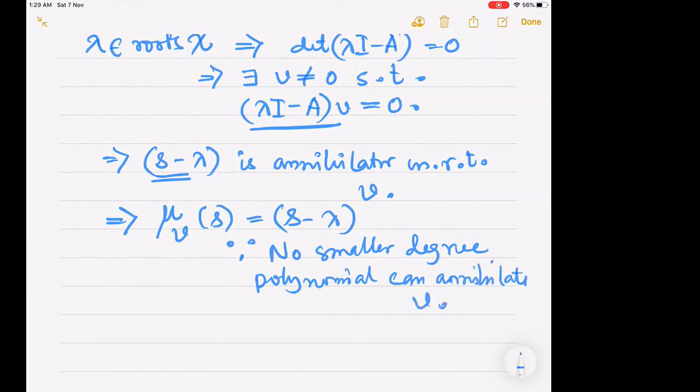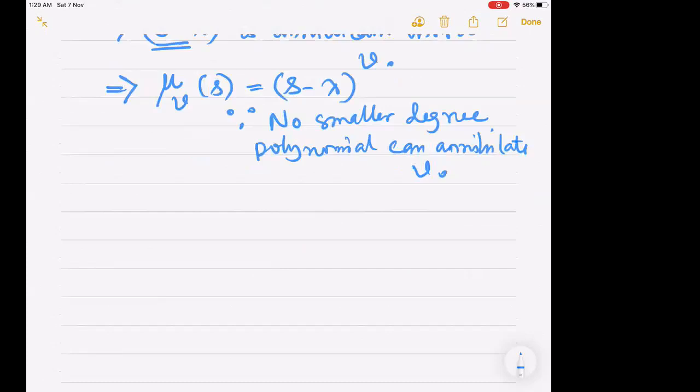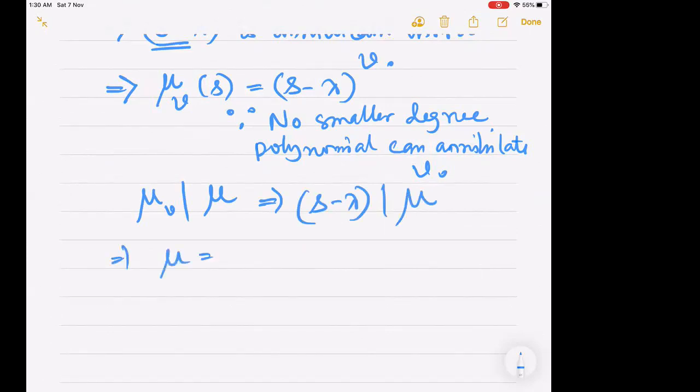So this is mu_v, but we have already proved that mu_v must divide mu, which then means s minus lambda divides mu, which means mu can be written as some q(s) into s minus lambda, which means lambda is a root of mu. And that's what we wanted to prove. So one direction is done.